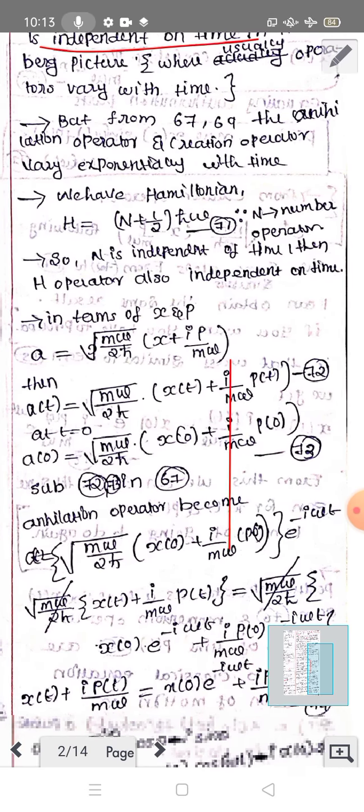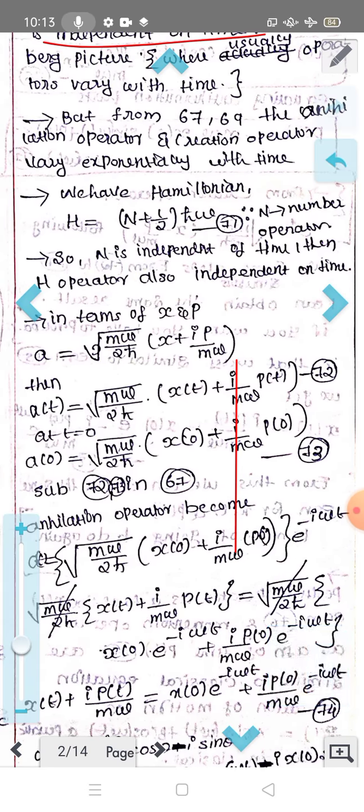Now we want to find out what happens to the Hamiltonian with time. We have this equation for the Hamiltonian, H is equal to n plus half, h cut omega, where n is the number operator. We also said that the number operator is independent of time in the Heisenberg picture. So n is independent of time, then the Hamiltonian operator is also independent of time.